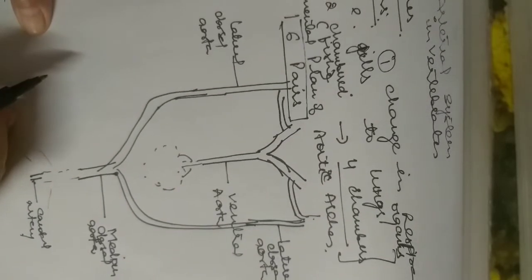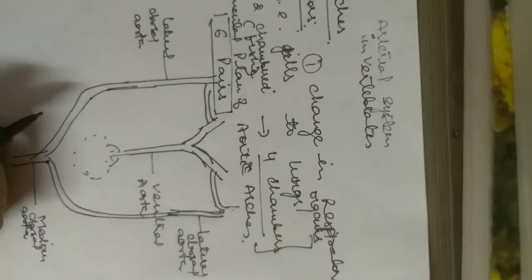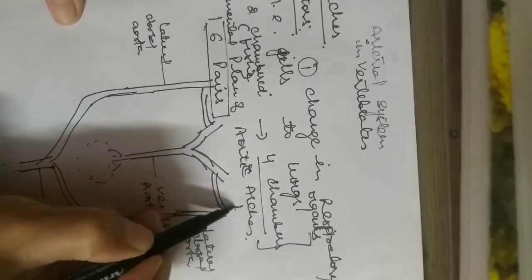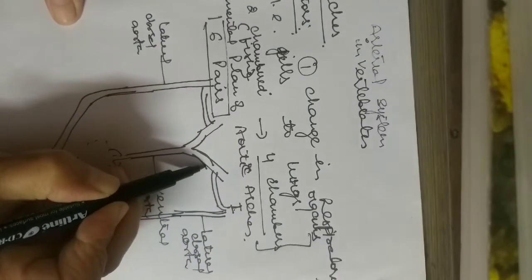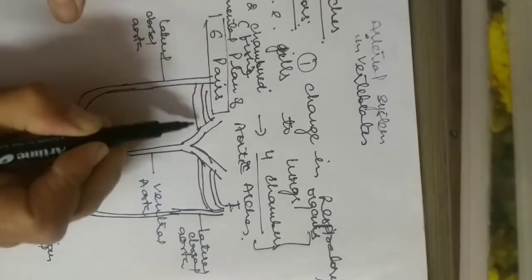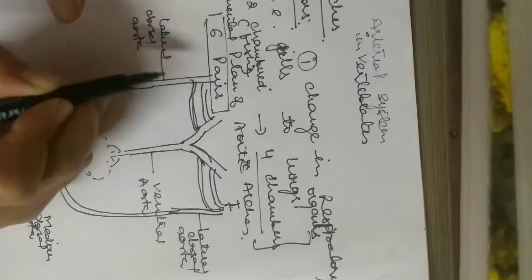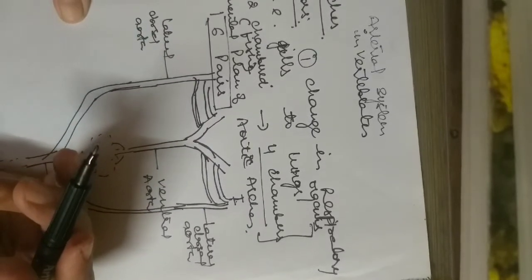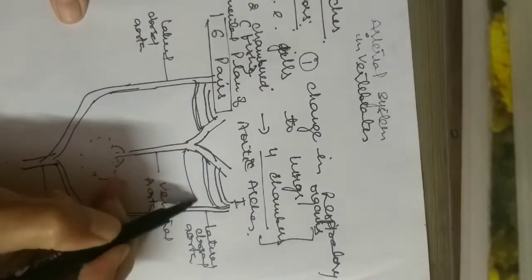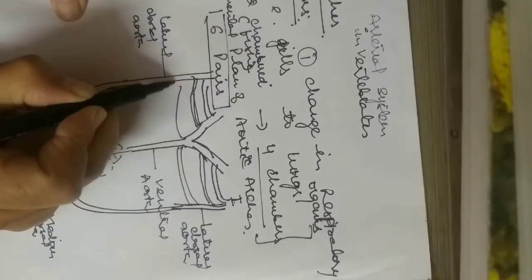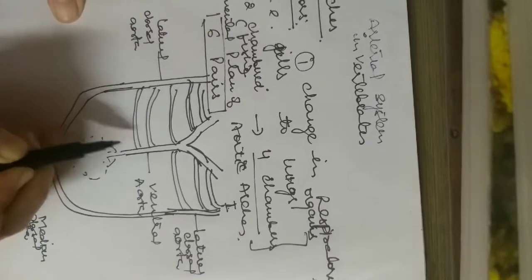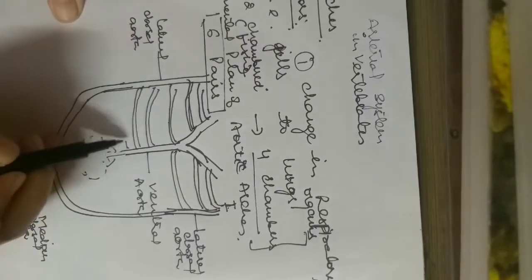Right? 5 more pairs of aortic arches arise from the ventral aorta, as we've seen. First pair is this one, and then the second pair also arises from the ventral aorta, and it would run behind the pharyngeal pouch and then join the lateral dorsal aorta. Similarly, this is the third one, this is the fourth one, fifth one, and the sixth one.